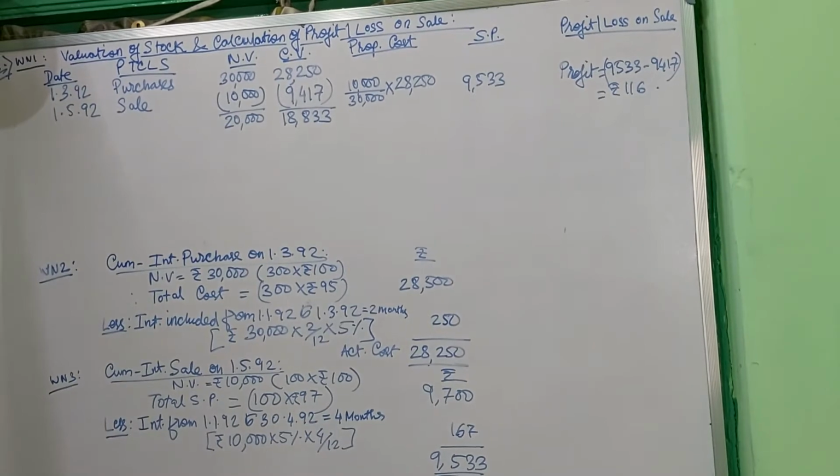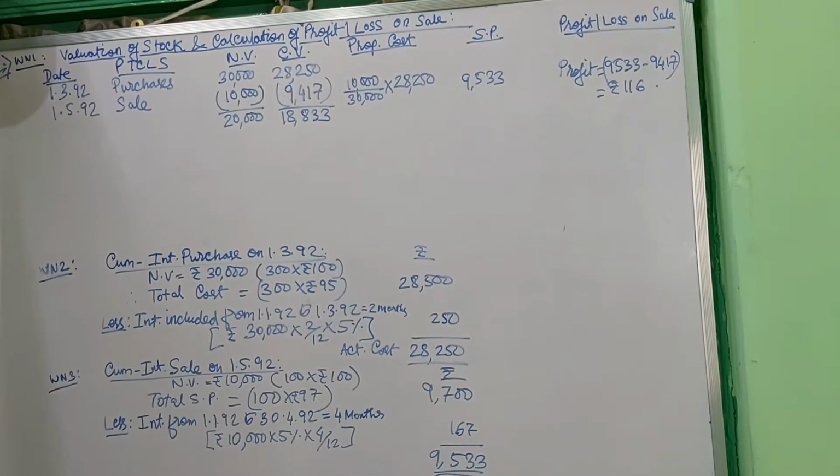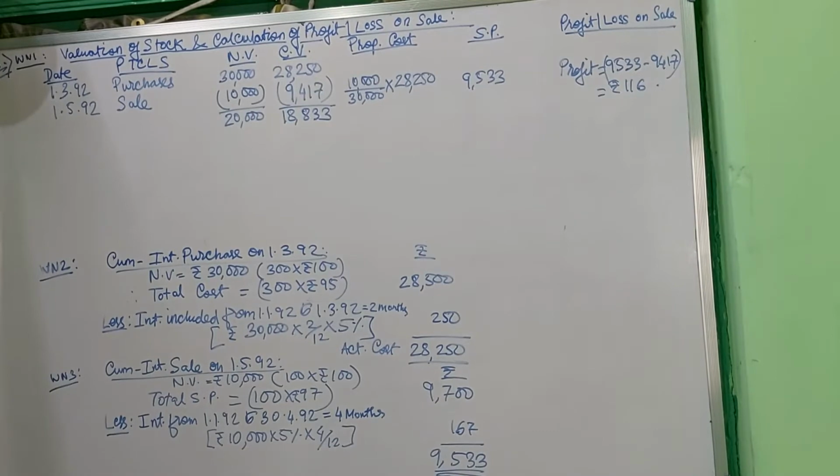Total cost has been given as 95, means 300 into 95, it is coming 28,500.